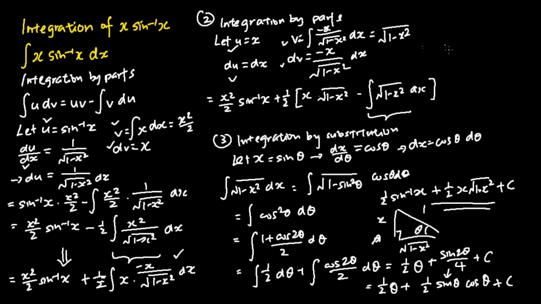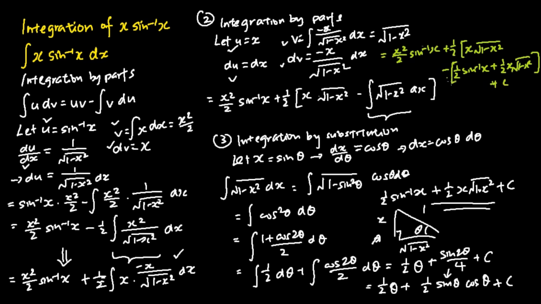And now we move on to the final part. So we get the following, which is equal to x squared over 2 sine inverse x plus half bracket x square root 1 minus x squared minus half sine inverse x. Then we have plus half x square root 1 minus x squared plus c.